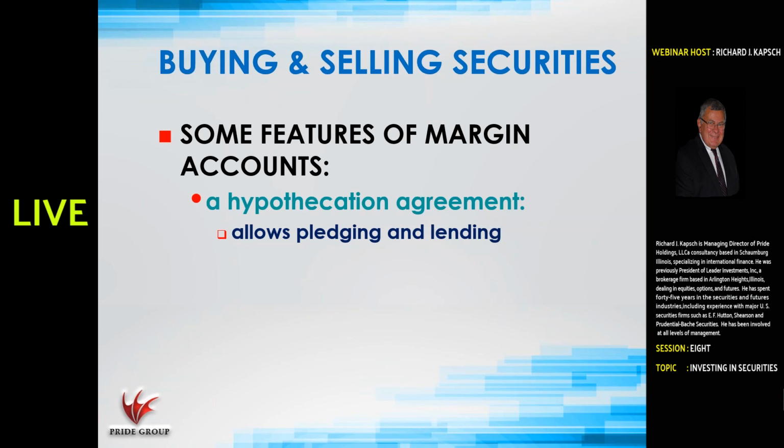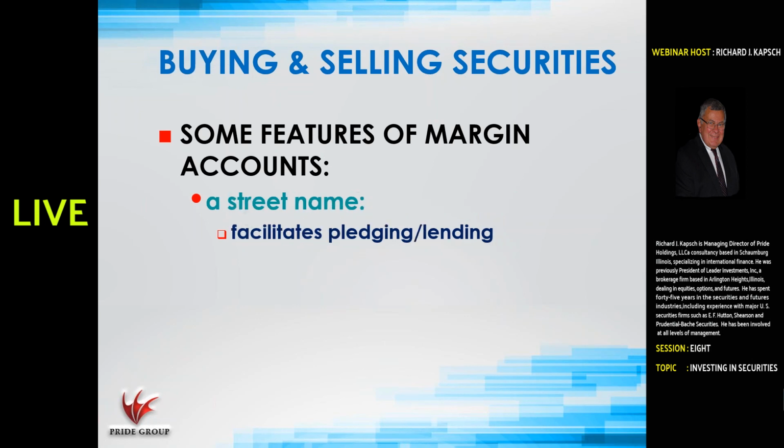The other thing that normally happens when you open a margin account is that your stocks are carried in what we call street name. If you have a cash account, all those stocks are carried in your specific name. If you buy or sell stocks, or particularly buy stocks, they're going to be carried in your name.